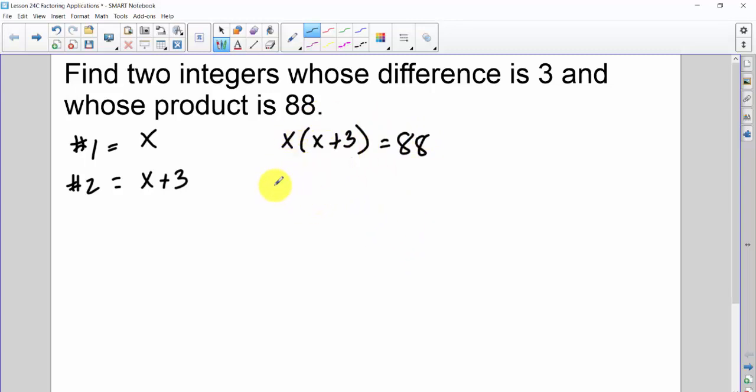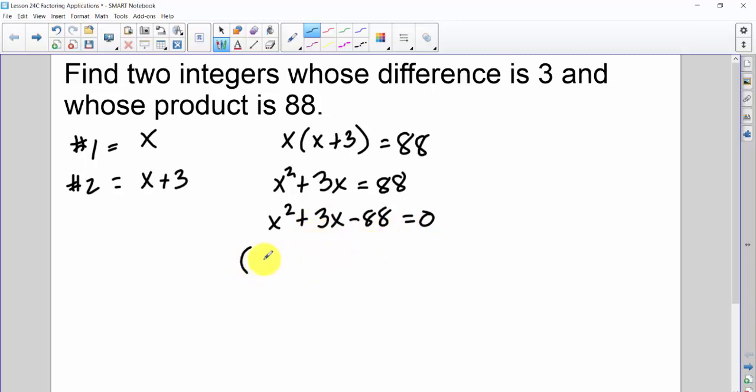Notice I distribute and get x squared plus 3x equals 88. When we're solving a quadratic, we need to set it equal to 0, so we can use the zero product principle. x squared plus 3x minus 88 is equal to 0. Need to find two things that multiply to negative 88 and add to 3.